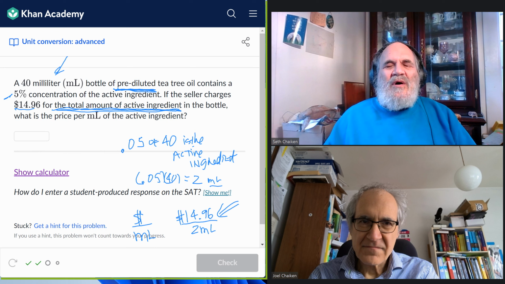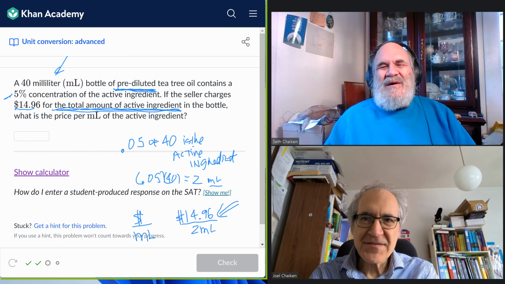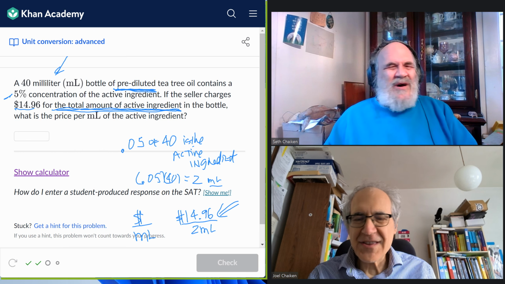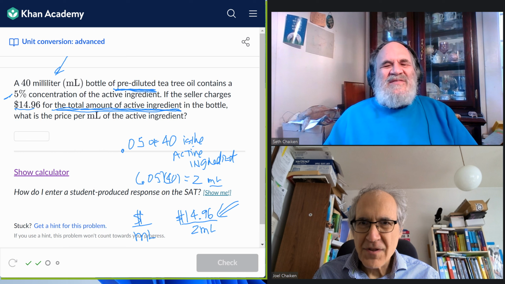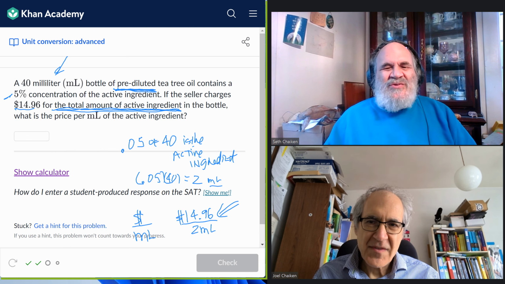The only way to buy the active ingredient is with the whole bottle, and they're asking for the unit price of the active ingredient, which you get in the bottle. Yes, that's right. So I think our best guess of the interpretation is the one you wrote down.